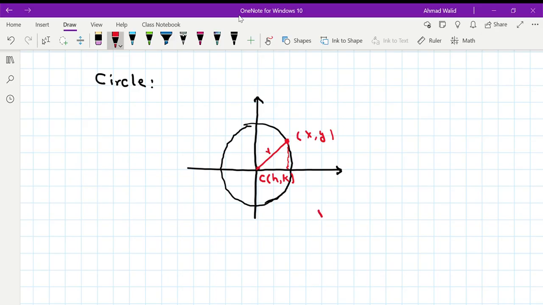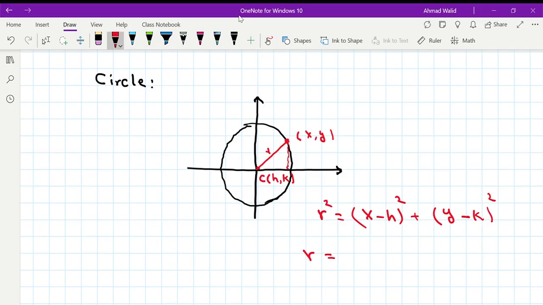You can write r squared equals x2 minus x1, right? It means x minus h. Your x1 is now h, squared, plus y2 minus y1, k squared. And you take the square root from both sides, you end up with r.